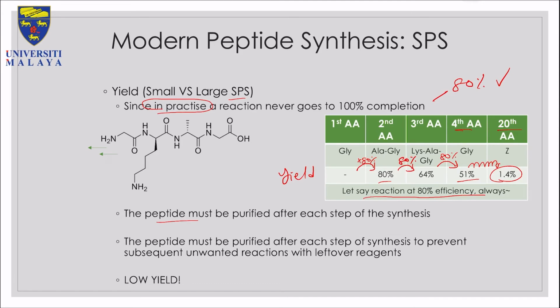If the byproduct is still there, then of course the efficiency will get lower, and therefore the overall yield will be less than whatever is written here. So the peptide must be purified after each step to prevent subsequent unwanted reactions with leftover reagents, as I mentioned. So towards the end of the day, the yield will be very, very low, 1.4%.